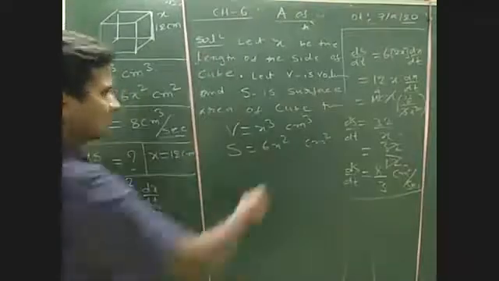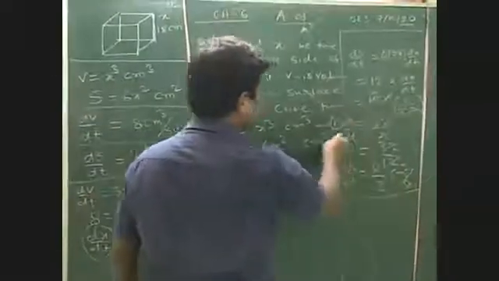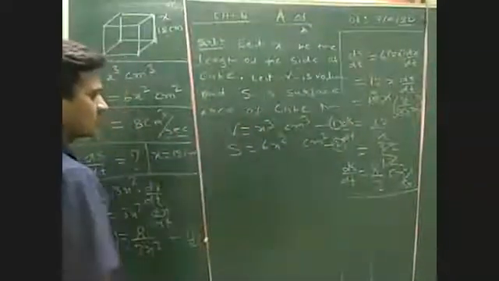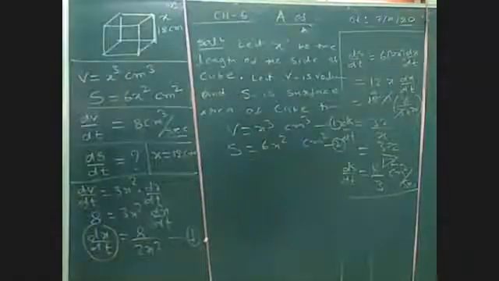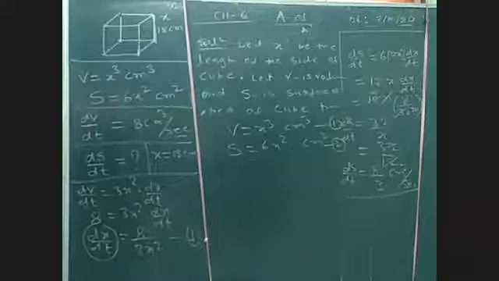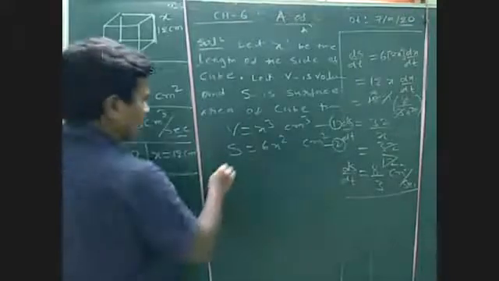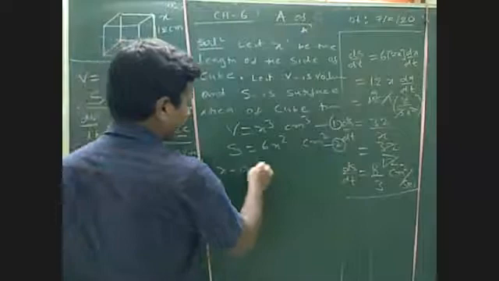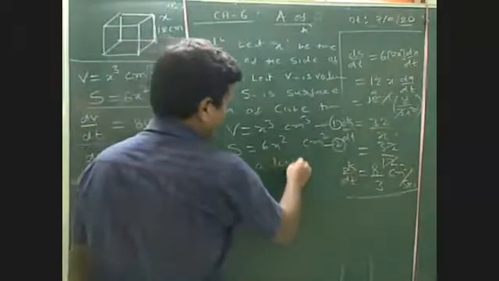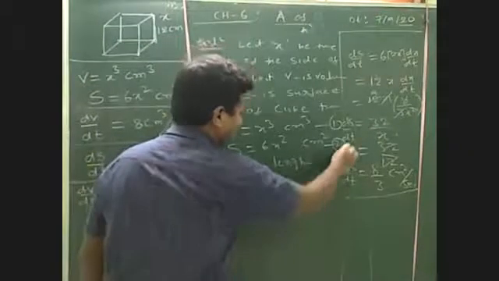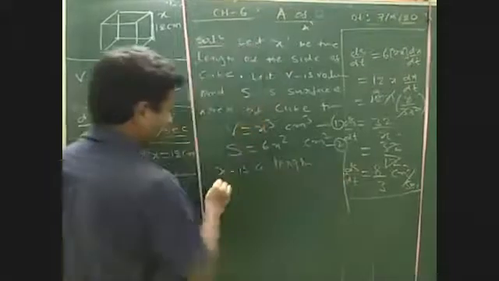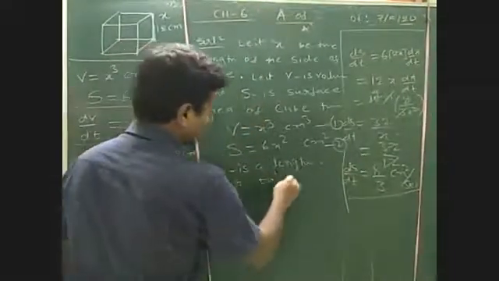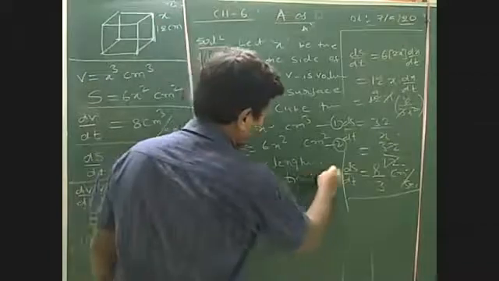So from this, let us take one equation, second equation. Now differentiate one. Here again we can write the given data. x is a length with respect to the time t.